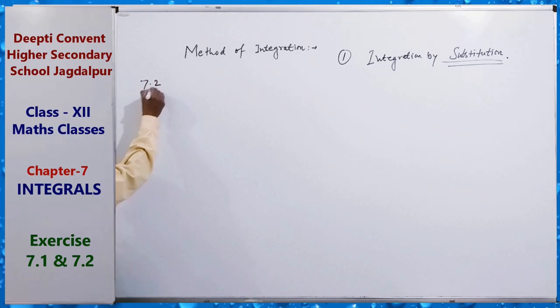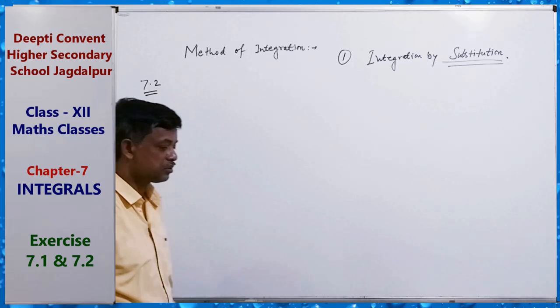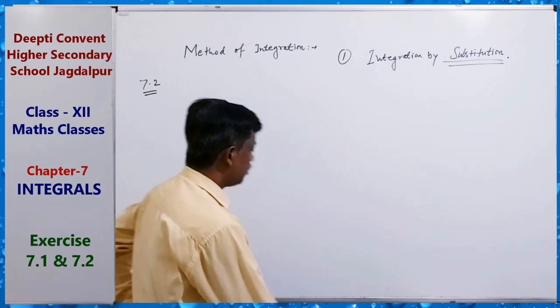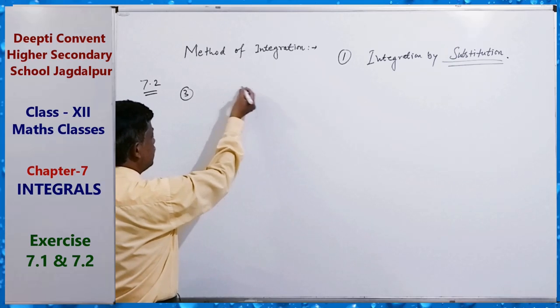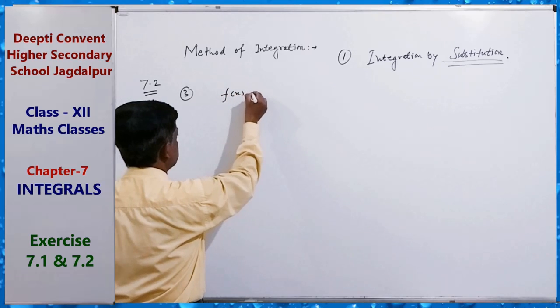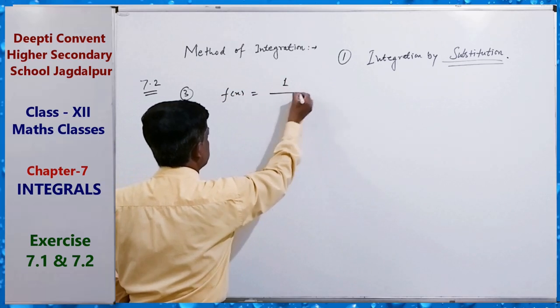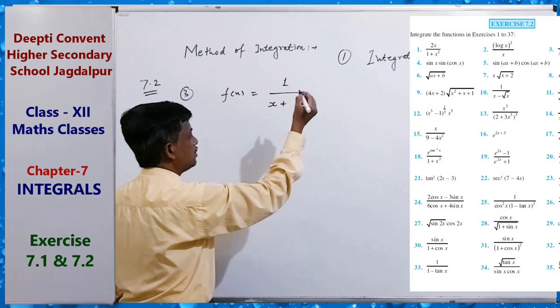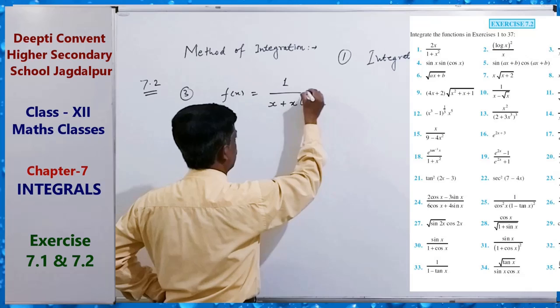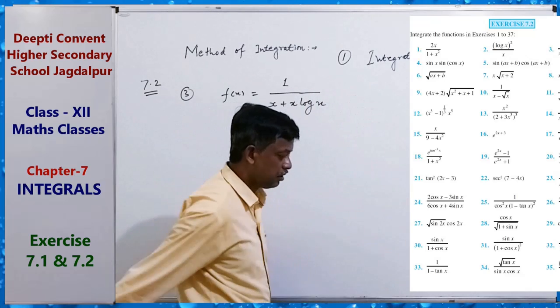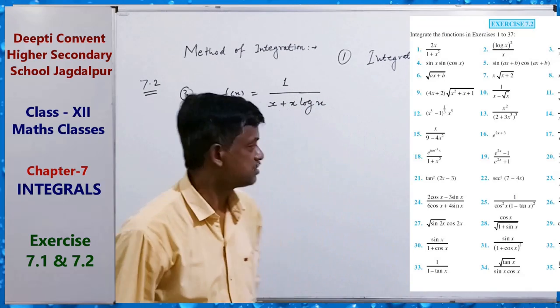Okay, here, taking Exercise 7.2, question third. Given f(x) equals 1 upon x plus x log x.